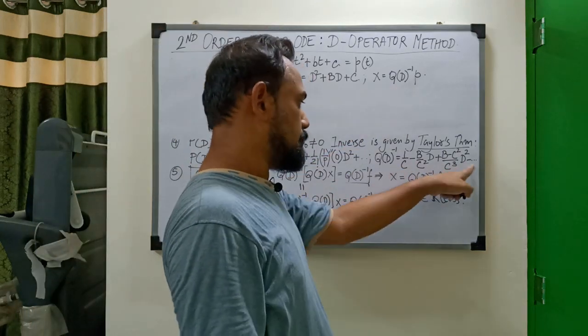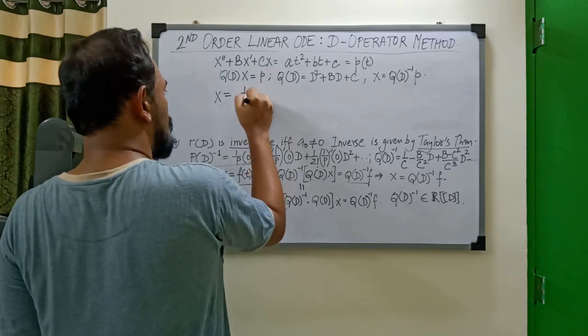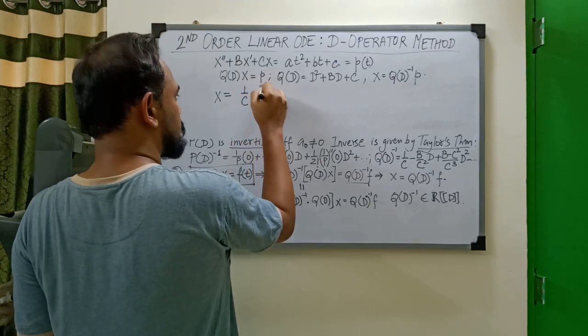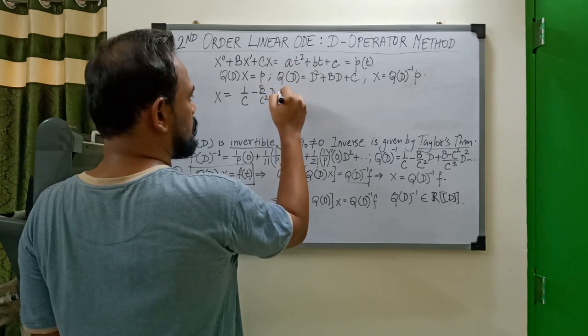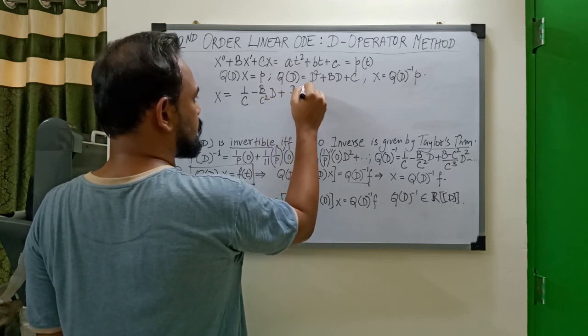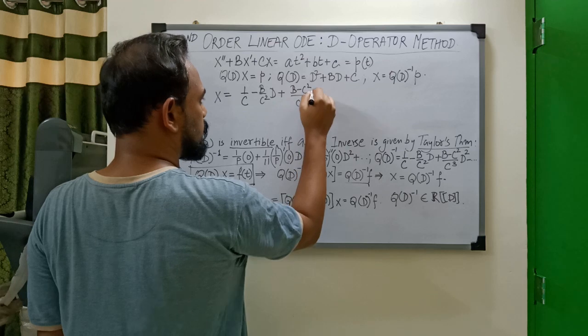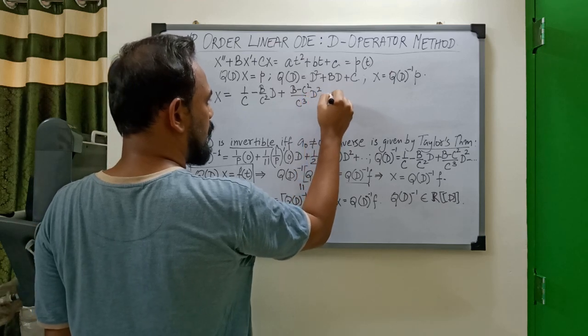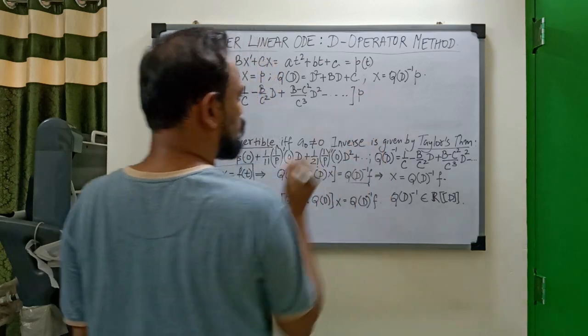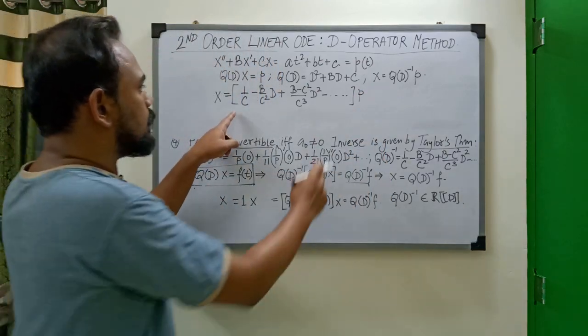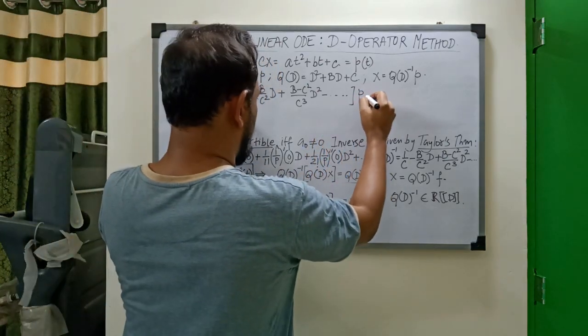I've found a couple of terms here. It's 1 over c minus b over c square D plus b minus c square over c cube D square minus dot dot dot. This whole thing acts on the polynomial p. Now, as I said, what does action mean? It's term by term action.